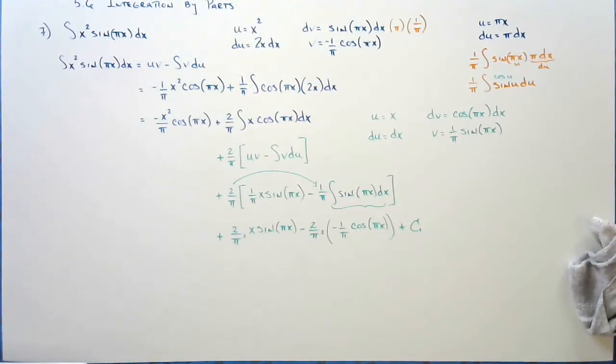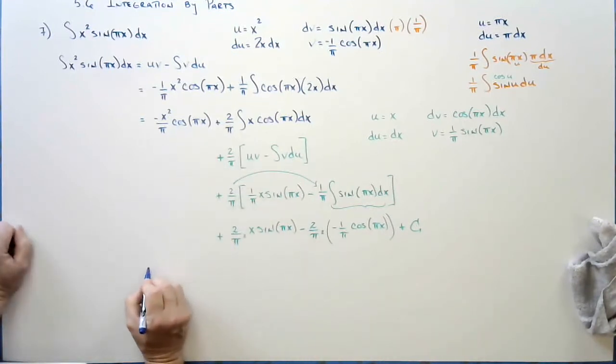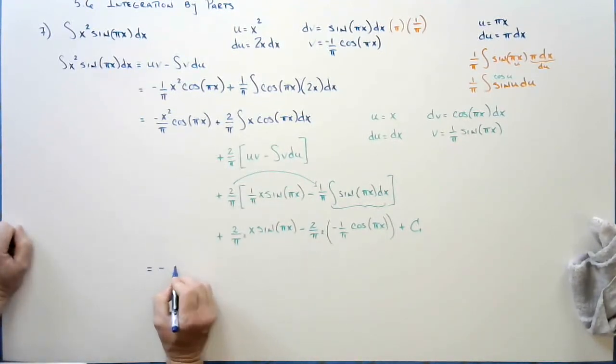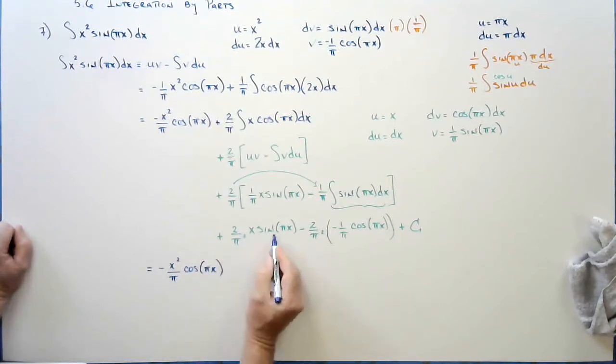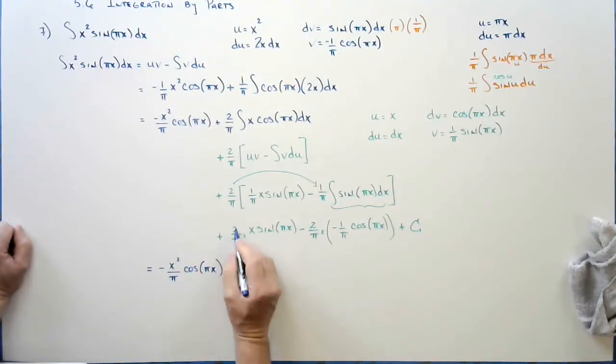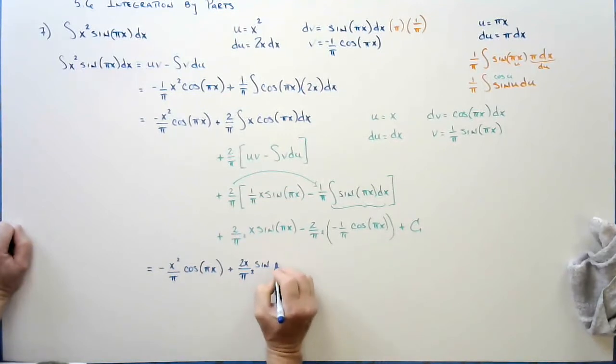So our final answer, right? Don't forget this component, this term here. We're going to have negative x squared over pi cosine of pi x. From here, we're going to have plus 2x over pi squared sine of pi x.